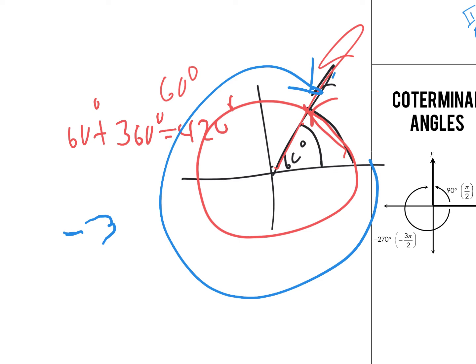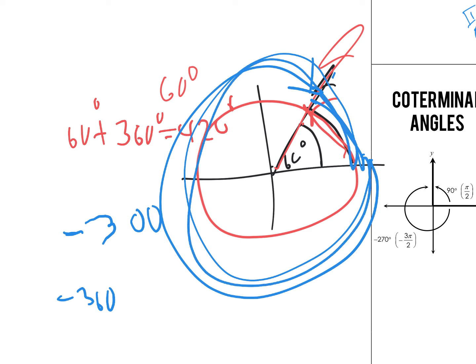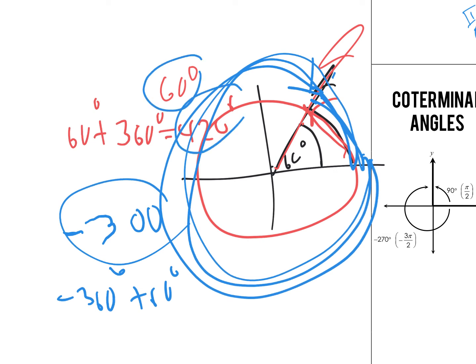Wouldn't it be 300? Because all the way around would have been a negative 360, but I added the 60 to it. So I could take a negative 360, go all the way in the negative direction, and then add the 60. And so I get the same negative 300. All three of these answers are called coterminal.